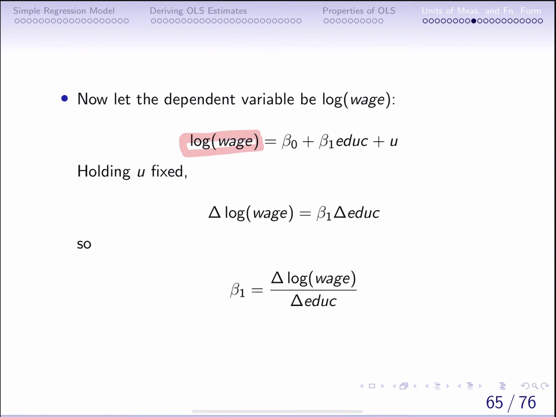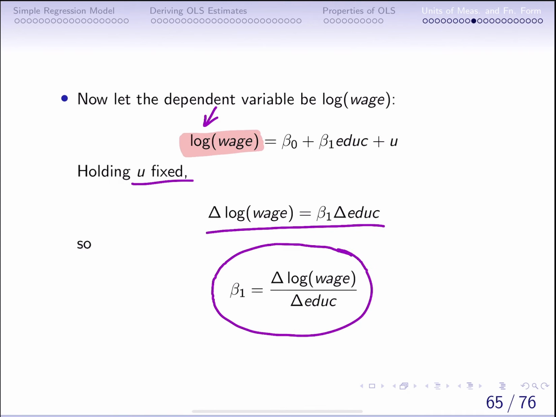Okay, so let's think about this equation where we have changed the dependent variable. Instead of having wage on the left hand side, we are working with log of wages, right? And so when we do that and we take the partial derivative, or basically when we hold u, the error or the disturbance, fixed, we get this expression, which tells us that beta 1 is basically the ratio of the changes in log wages with respect to the changes in education.